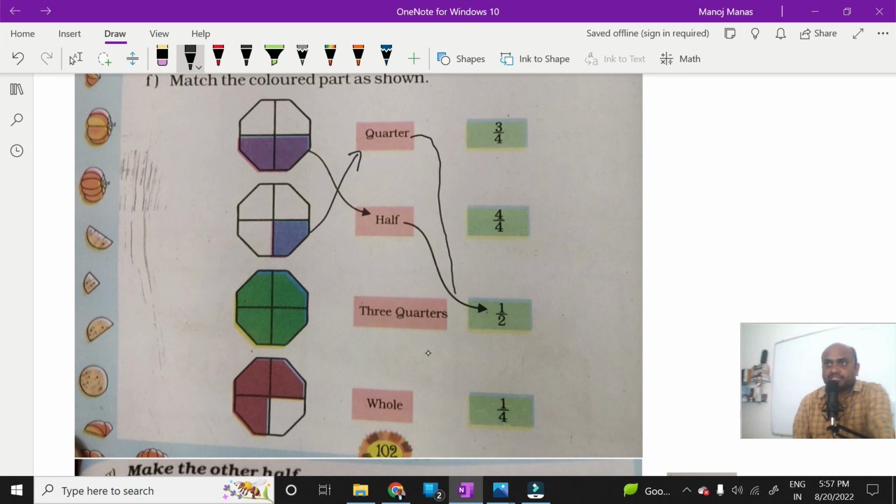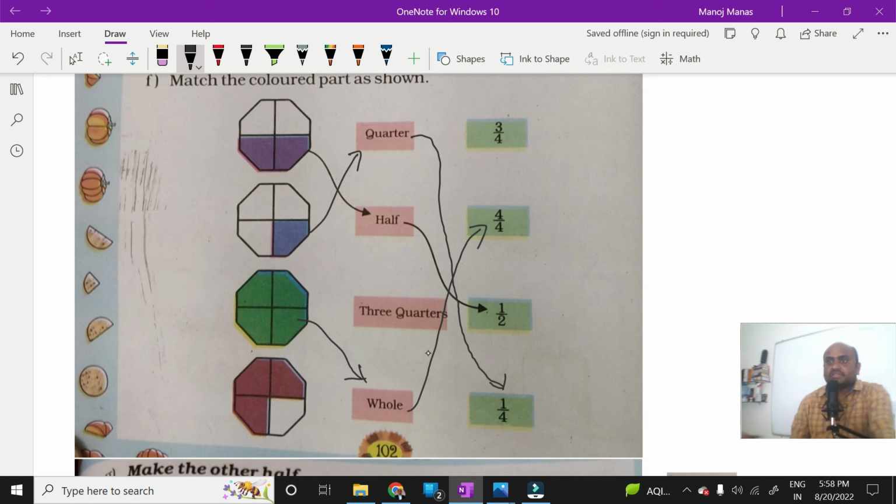So let me draw a line from here up to here. Okay, so this is the whole number, I mean the complete whole. So we have to mark it as whole, and this whole is 4/4.